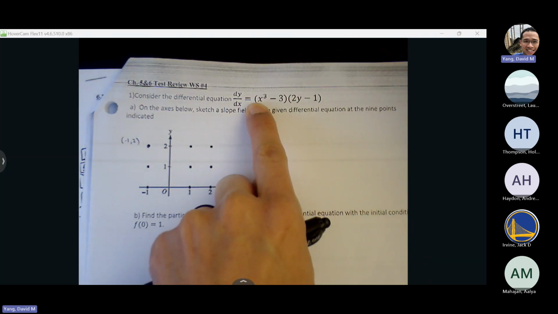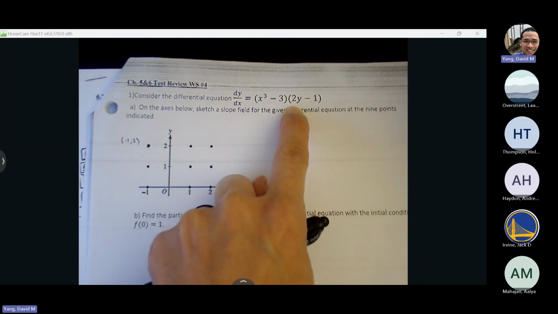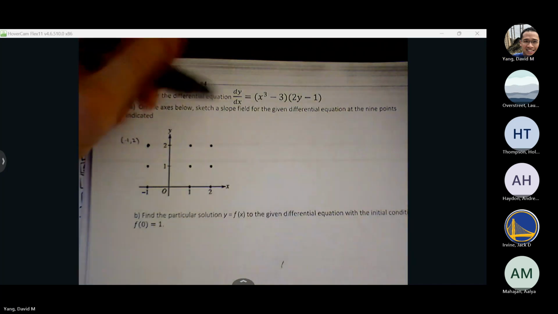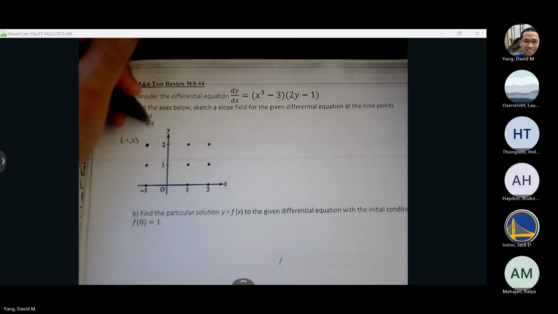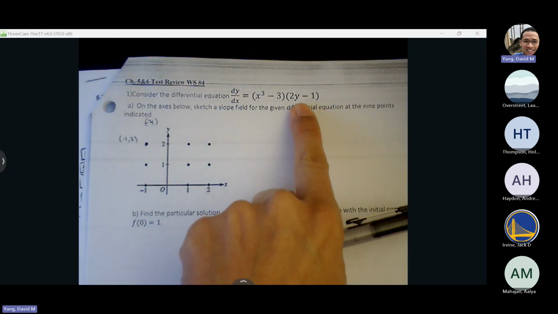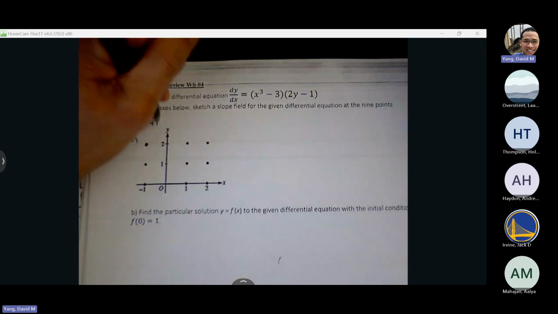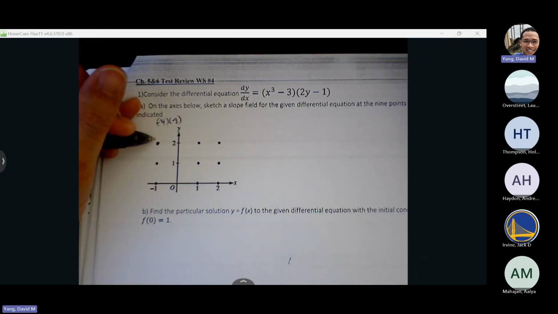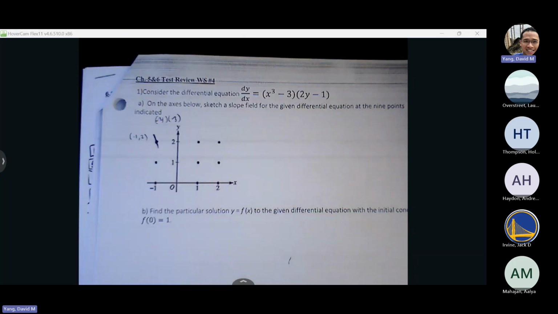So -1 in for x and 2 in for y. -1 minus 3 is -4, and then 4 minus 1 is 3. So -4 times 3 is -12. That's a really steep slope, so you just have to indicate that with a steep slope.